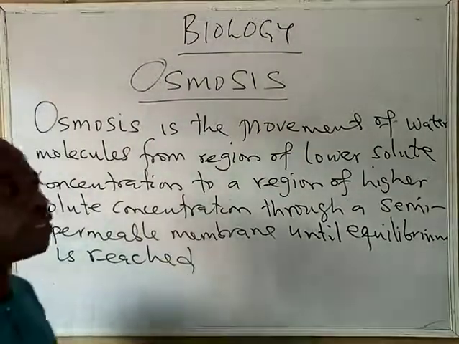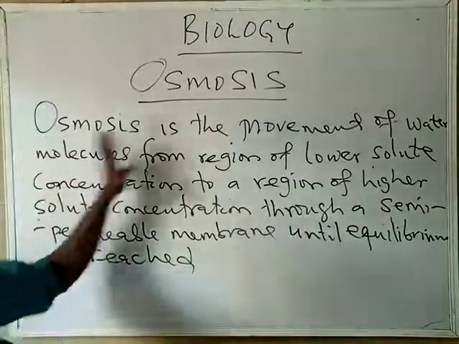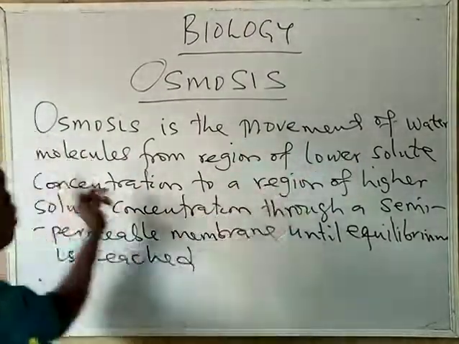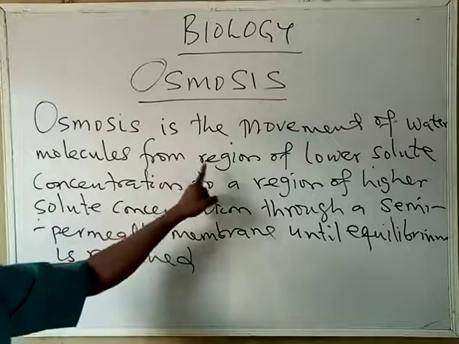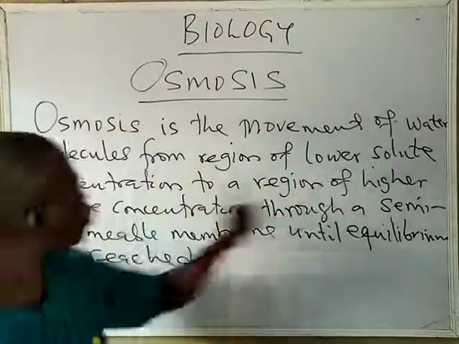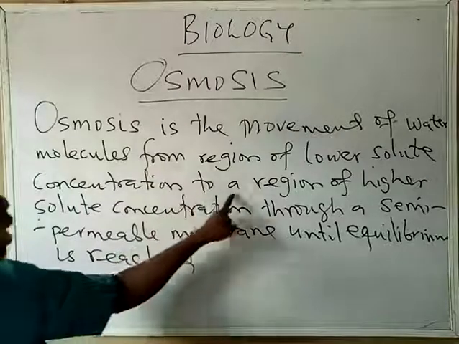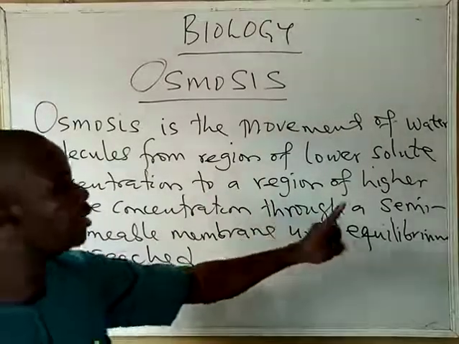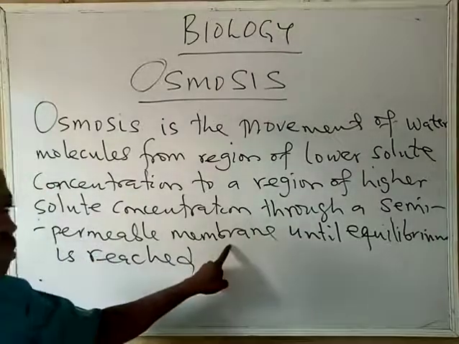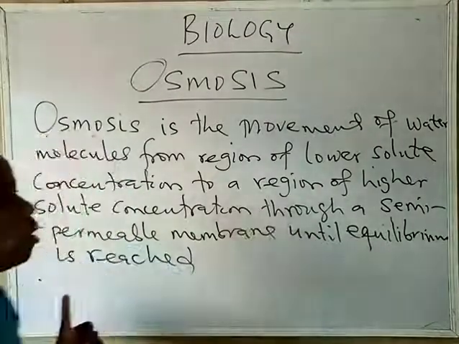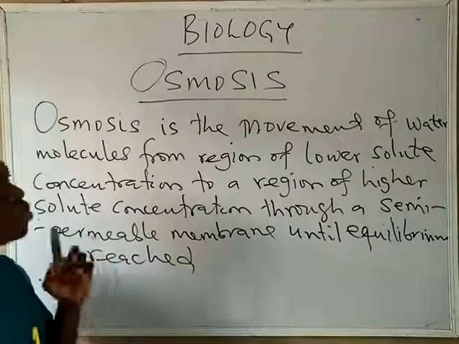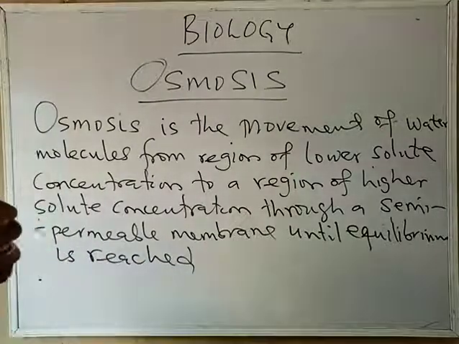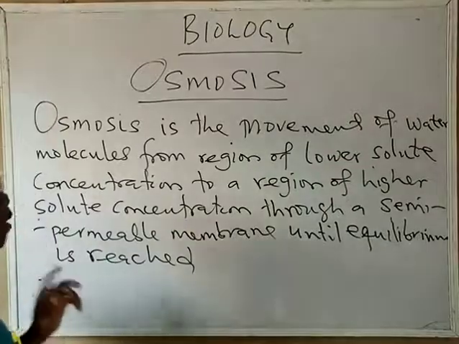So if you look at this definition, osmosis is the movement of water molecules from region of lower solute concentration to a region of higher solute concentration through a semi-permeable membrane until equilibrium is attained. We have some terms that we want to explain here for better understanding.